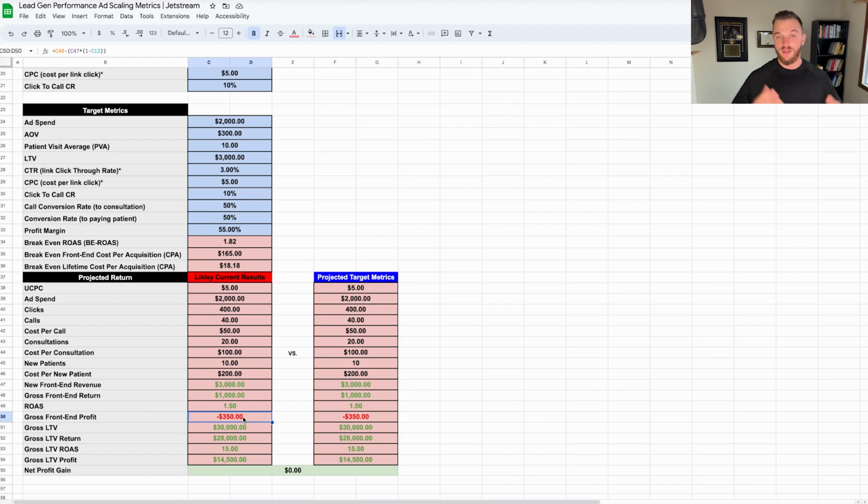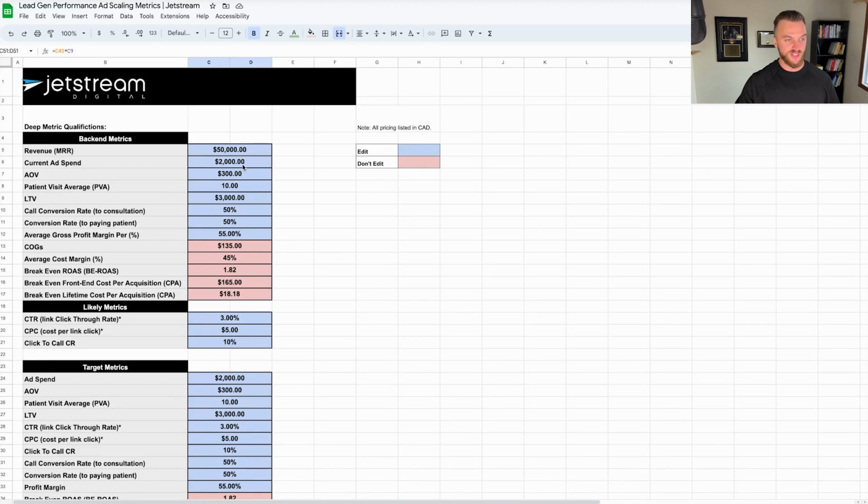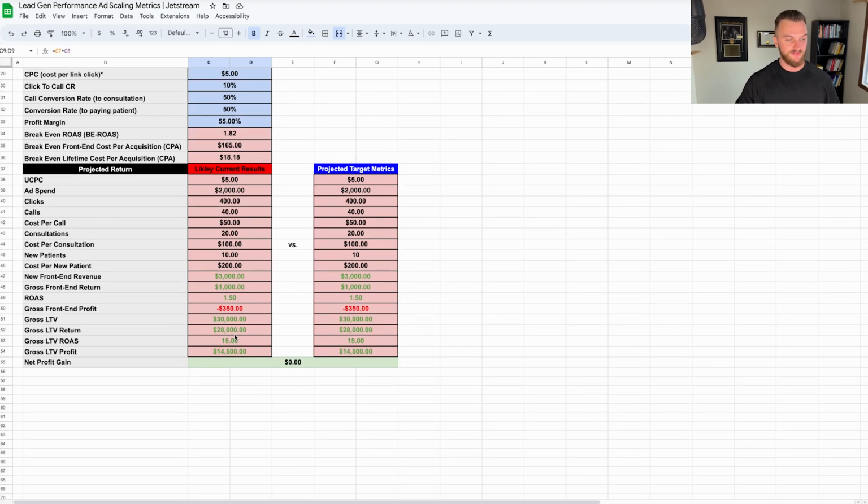Right now, we're not considering your lifetime value, though, and this is a big part that most businesses overlook. If you look at your lifetime value, that would lead to a gross lifetime value of $30,000 in new revenue, given your patient PVA of 10. So an average of 10 sessions at $300 per session is $3,000 in total lifetime value per patient. That's $30,000 in lifetime value.